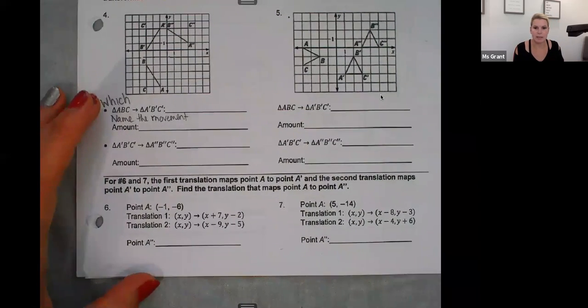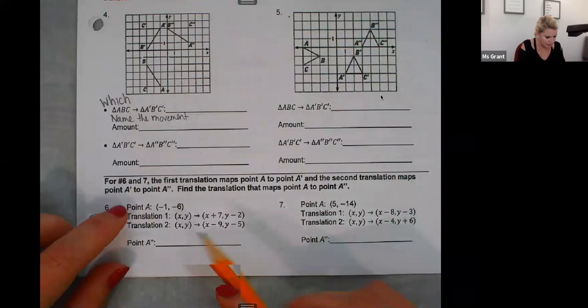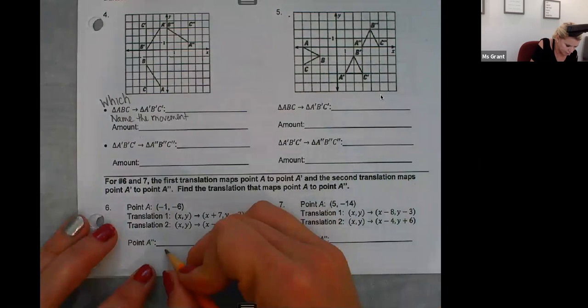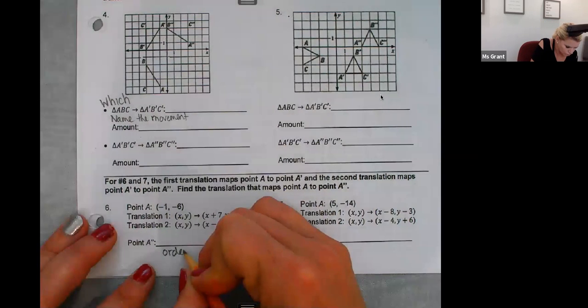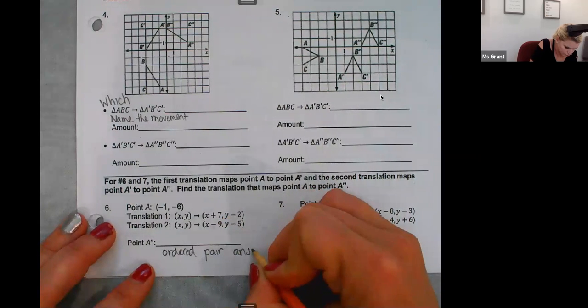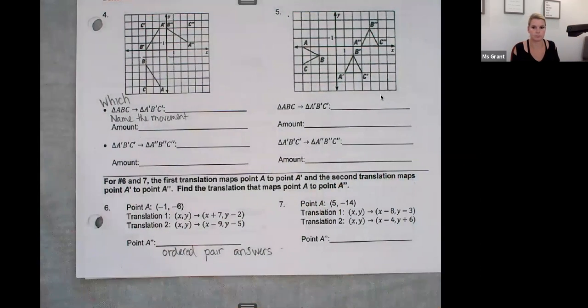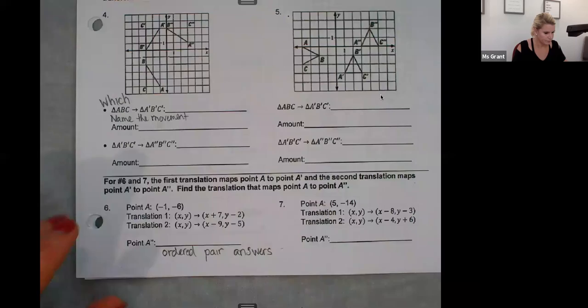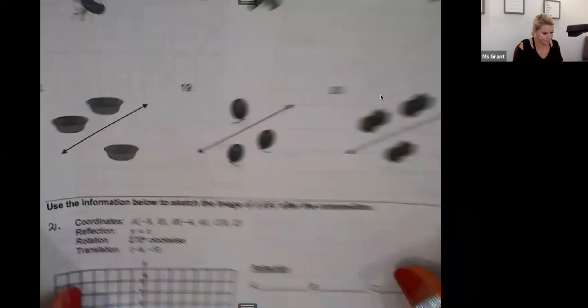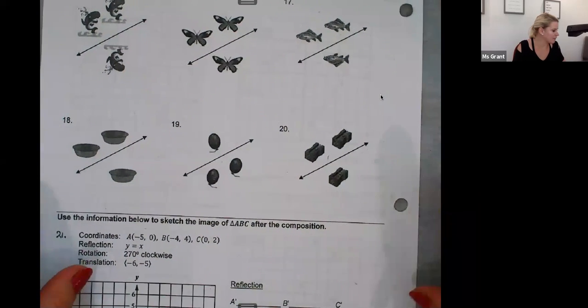6 and 7 is basically if I go from A and I translate it twice, what's my end result ordered pair? So these are ordered pair answers. What did I do? 15 through 20, a glide reflection.